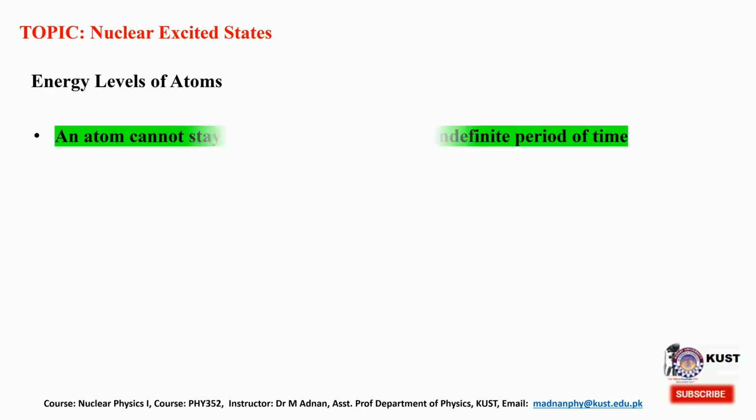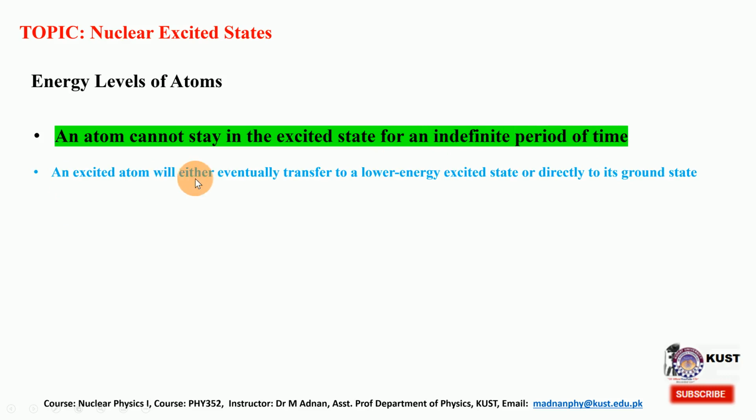Now, a few other realities that you know from atomic physics: an atom cannot stay in the excited state for an indefinite period of time, but rather an excited atom will eventually transfer either to the lowest energy excited state or directly to the ground state.